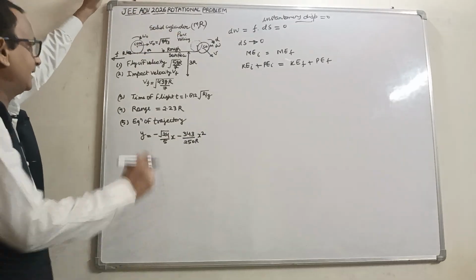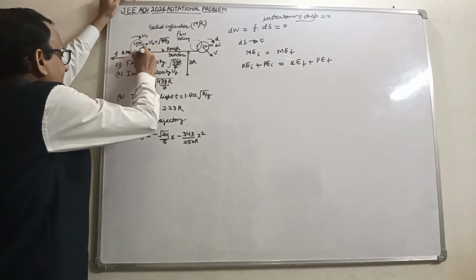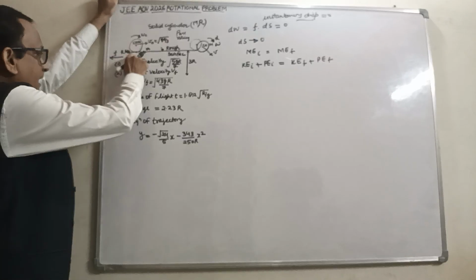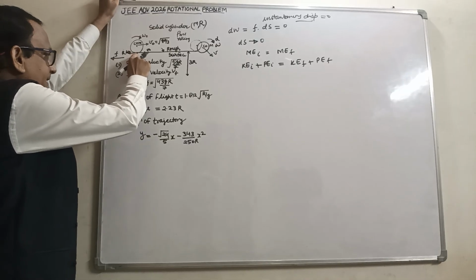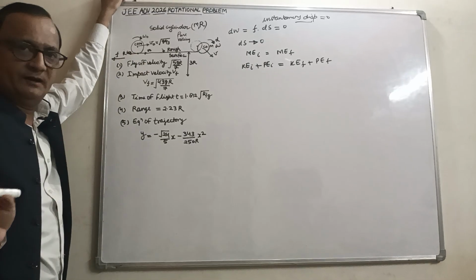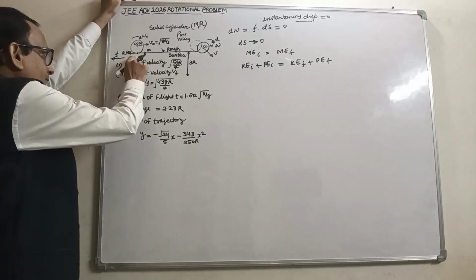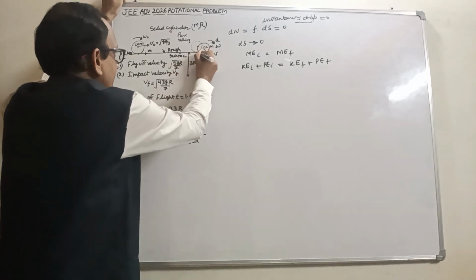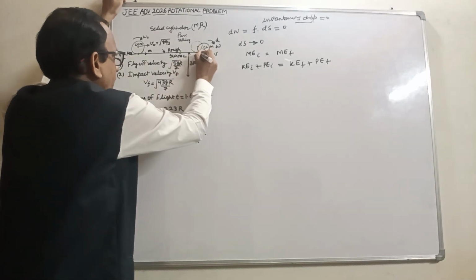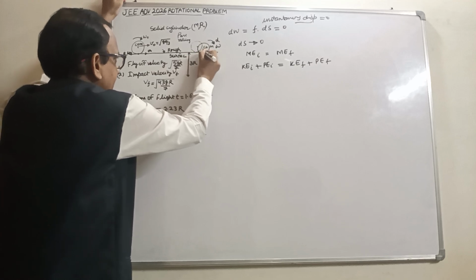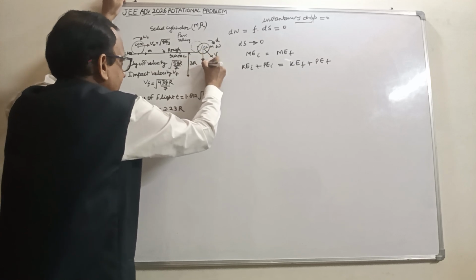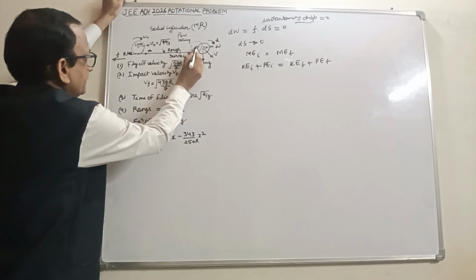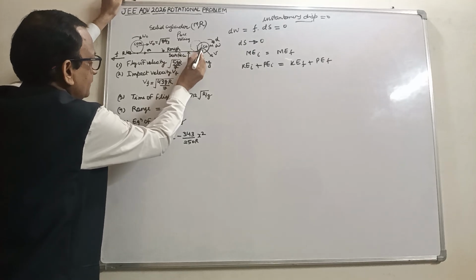Why? Let me explain. At that point, this is an instantaneous point. Along this instantaneous point, the angular momentum is conserved. But here gravity is acting, this is mg, and during this the center of mass shifts from here to here.